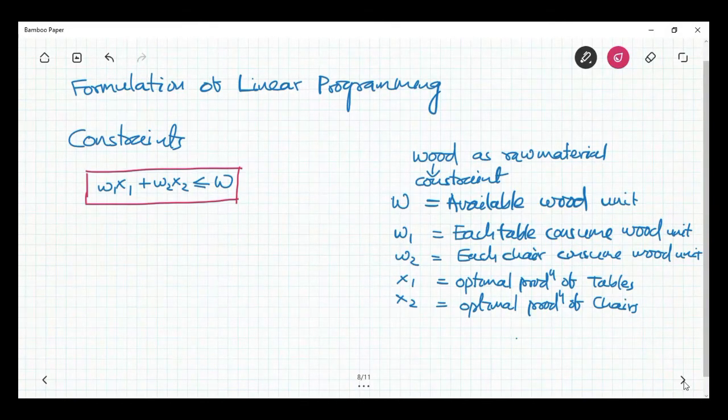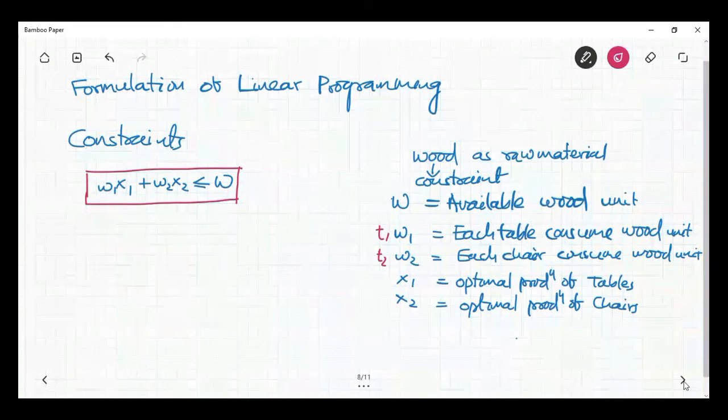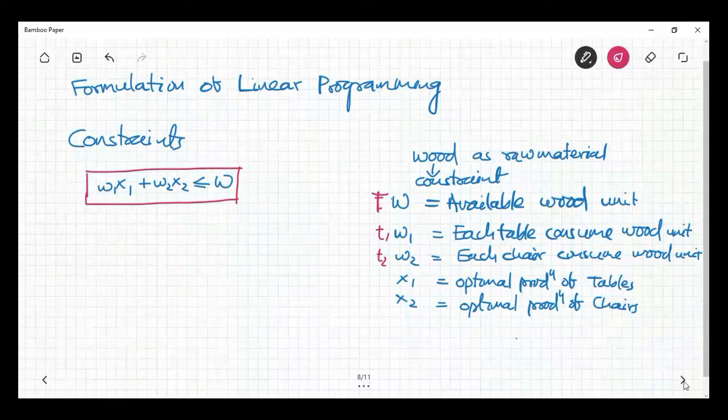What could be another type of constraint? How much time is consumed for the production of one table? How much time is required for production of one chair? What is the total time he is utilizing? Take for example, T is the total time he is utilizing. This way, different types of constraints can be developed.